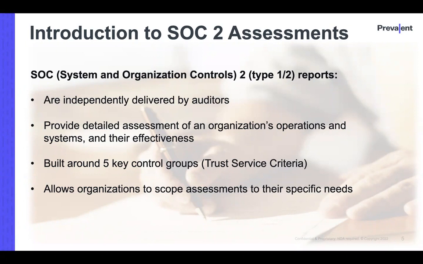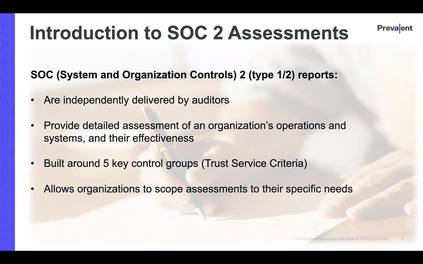SOC reports are reports that are provided by independent auditing bodies, and they can be split up into two types, type 1 and type 2. A type 1 SOC report is a report that's delivered at a moment in time by an auditor, and the focus is very much on the design of controls.